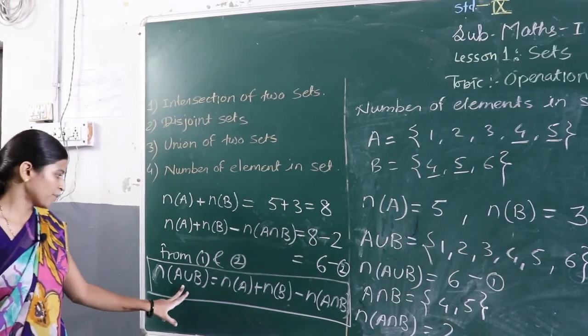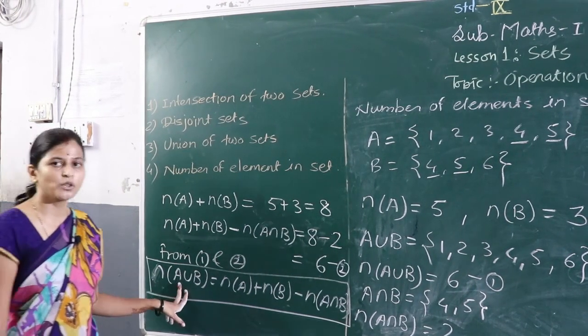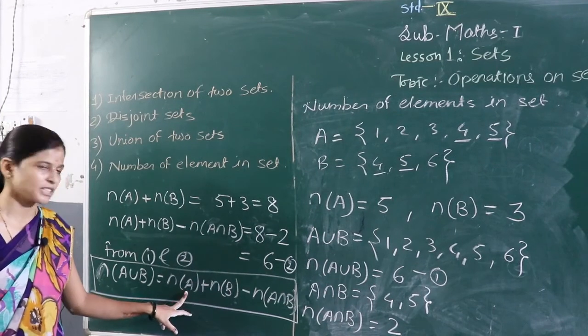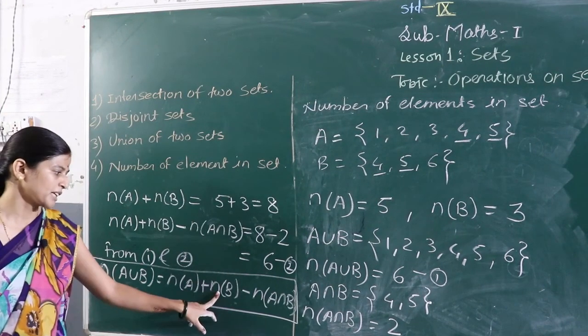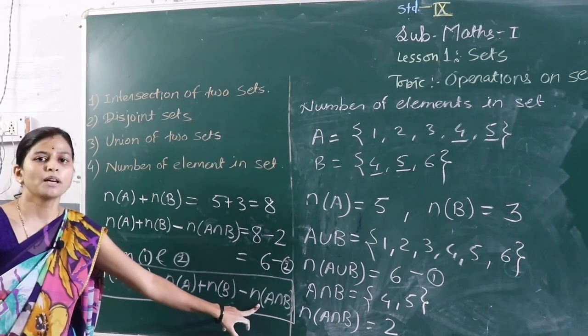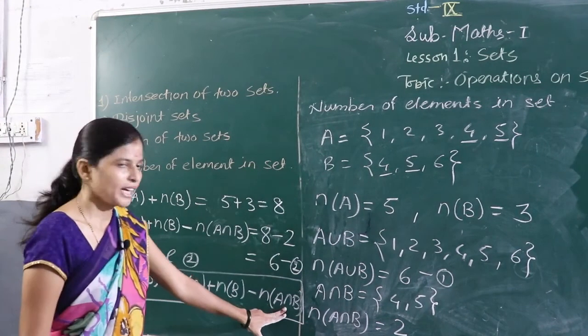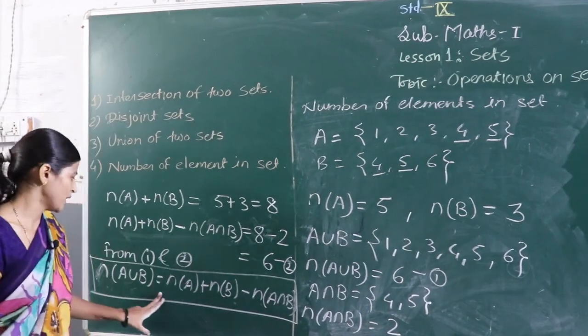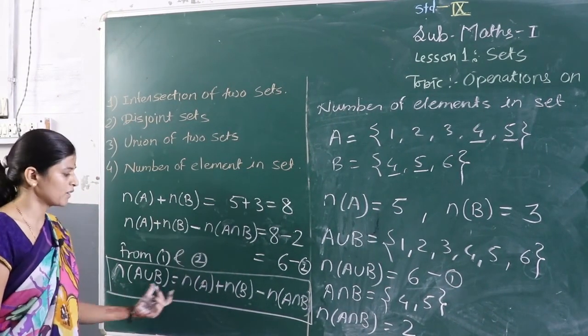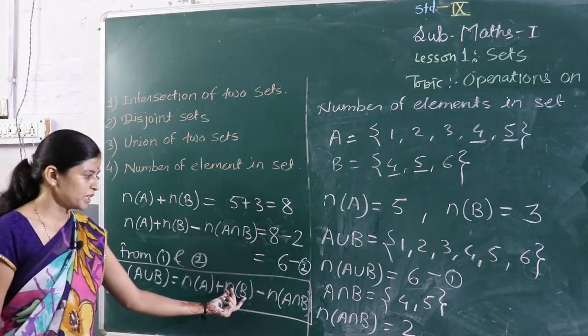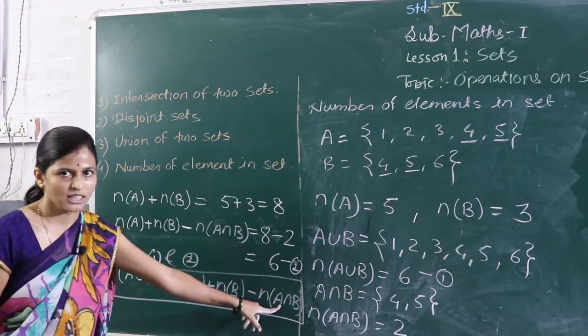Means the number of elements in set A union B is nothing but the number of elements in set A plus the number of elements in set B minus the number of elements in set A intersection B. This is our formula, that is n of A union B equal to n of A plus n of B minus n of A intersection B.